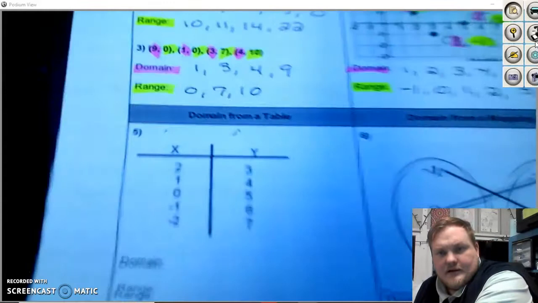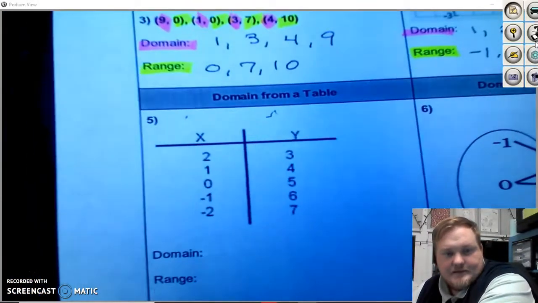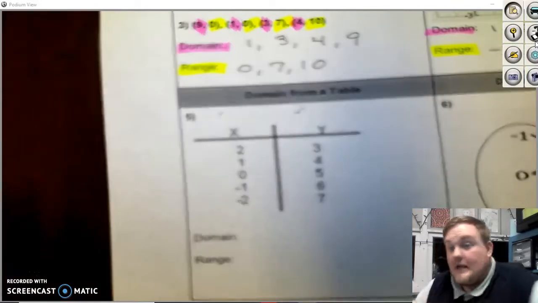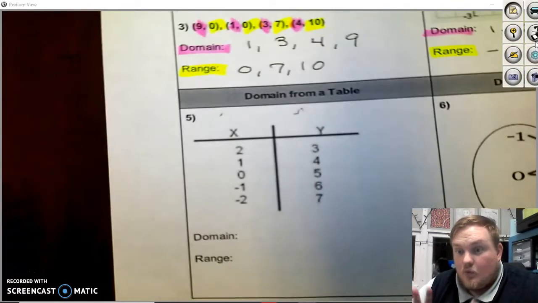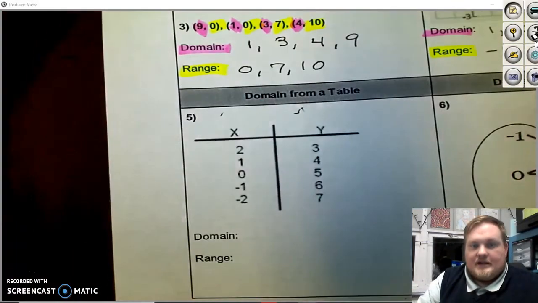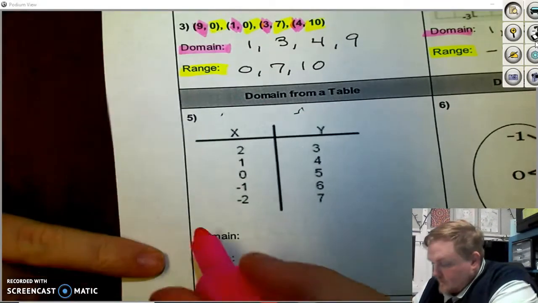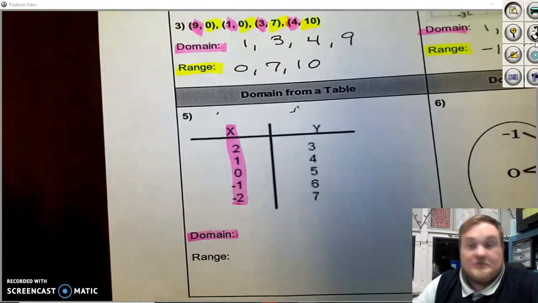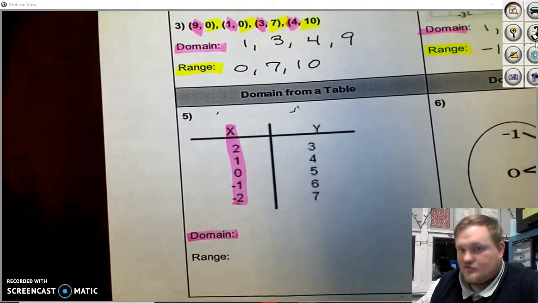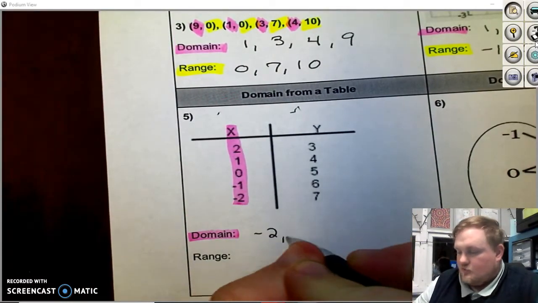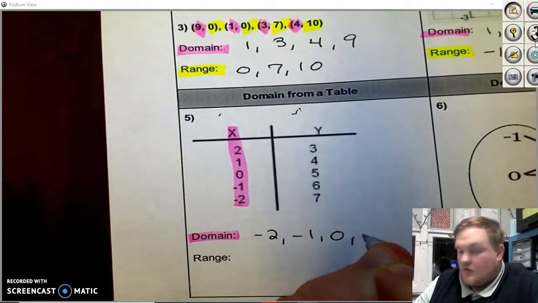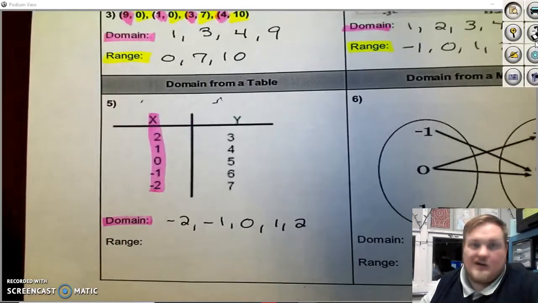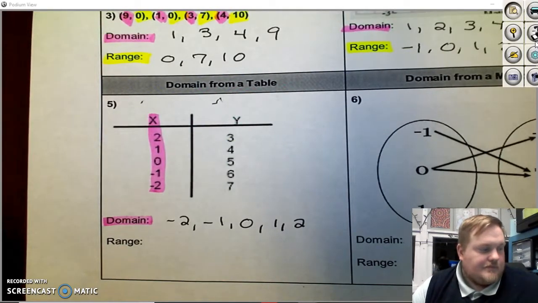Let me zoom in on that and focus it up a bit. Okay. And tables are very easy. Because the domain is that first column, all your x's. That's all it is. You just write everything in that first column. Negative 2, negative 1, 0, 1, and 2. Okay? Straight up first column. Easy peasy.